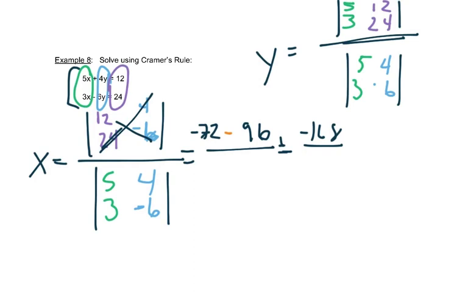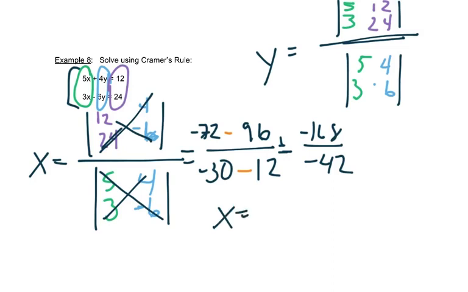In the denominator, we'd have 5 times -6, which is -30, minus 4 times 3, which is 12. So -30 minus 12 is -42. And then we divide negative 168 by negative 42. And that tells us that x is equal to 4.